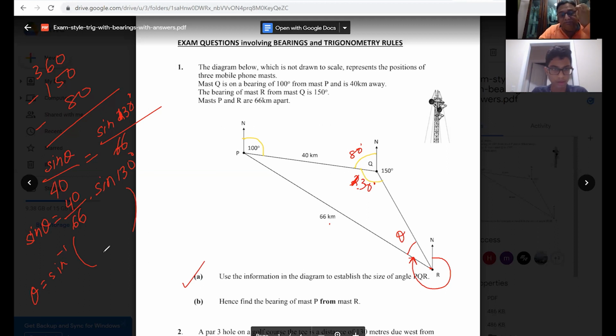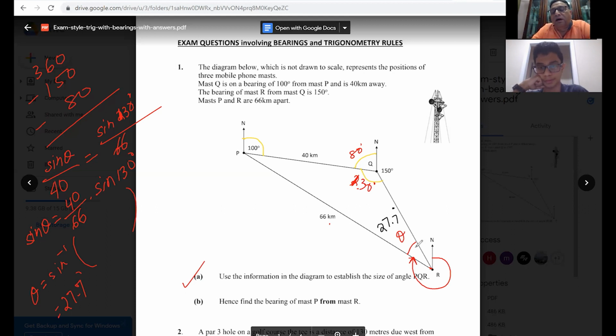So what is the angle? 27.66 or just 27.7 degrees. So we get this particular angle theta as 27.7 degrees.